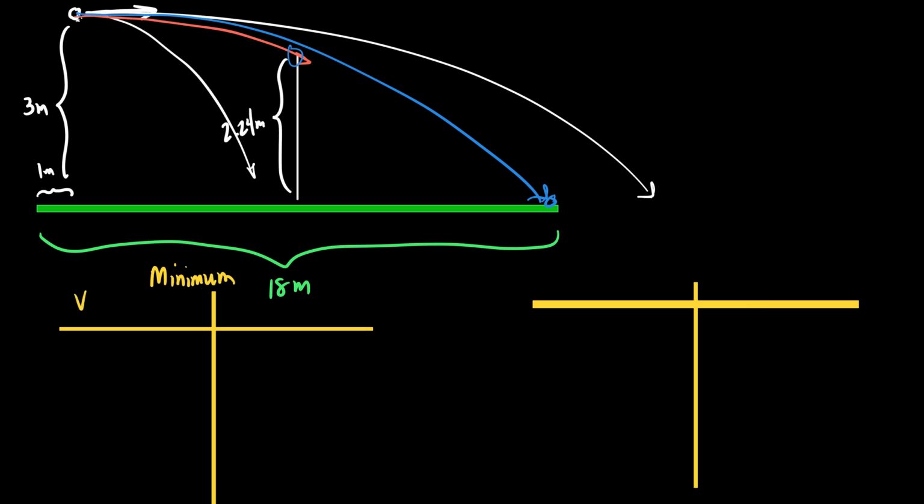All right, so vertical, horizontal, vertical, horizontal. Delta y here is gonna be 2.24 minus 3. V final minus V initial. V initial being 3, V final being 2.24. This assumes upwards is positive.